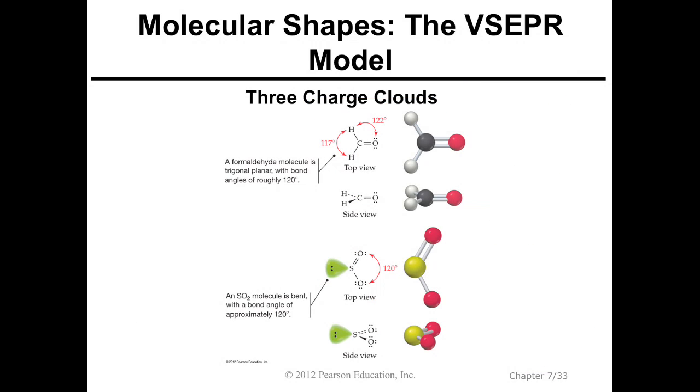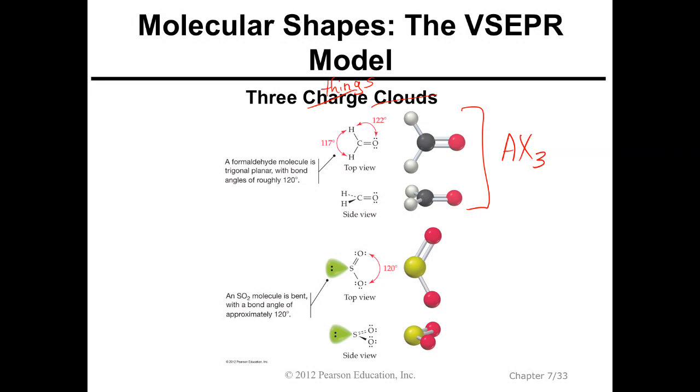Now, if you have three things, let's look at the different shapes. The possibility is where you've got three atoms and no lone pairs, and I would describe this as AX3.